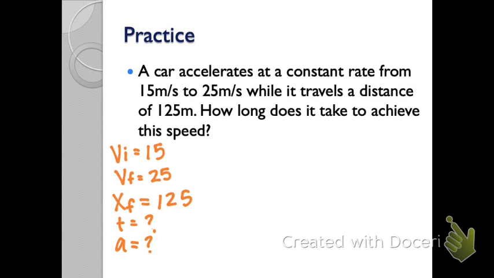But we only have one equation that has acceleration but not time. Which one is it? I've got to solve acceleration without having the time. Which one? The third. Okay, so let's do that one first. I'm going to solve using VF squared equals VI squared plus 2A delta X. My final velocity is 25.